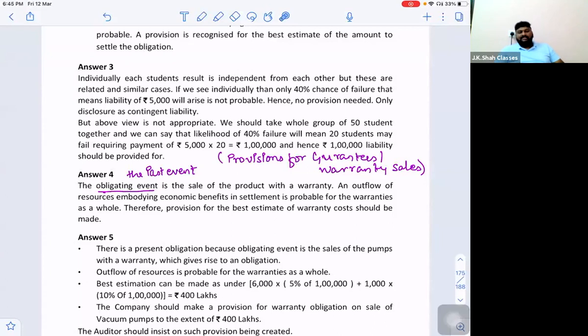Because if you say that there is a success rate of 60%, it means 40% of the batch will fail. And sir, generally, if I say that I have a result of 30% at CA Inter level, what does it mean? Out of my 100 students, 30% pass means 30 students pass and 70 students flunk.